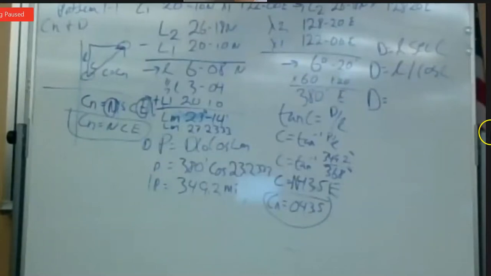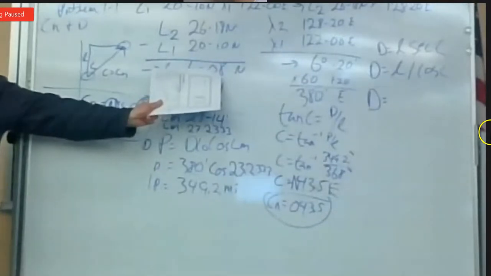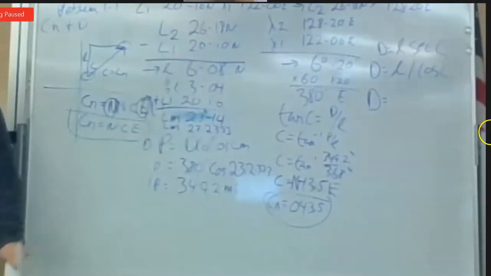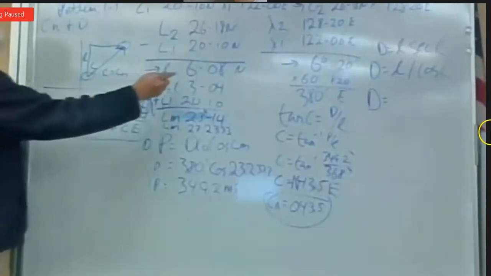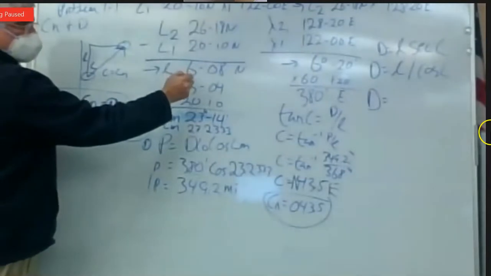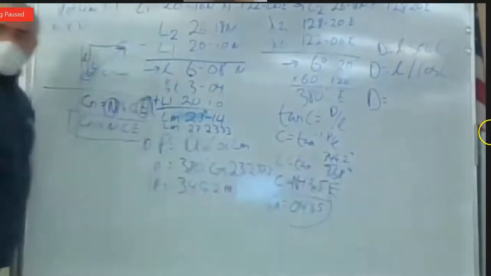They're the same. So on a great circle, 1 minute is 1 nautical mile. So if I convert 6 degrees 08 minutes to all minutes, then I'm going to have distance. I take this and multiply it by 60. That's 360. I'm going to add 8. That's 368. That's what that 368 is.